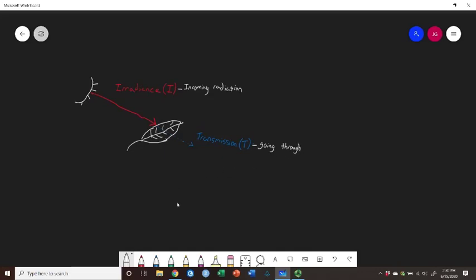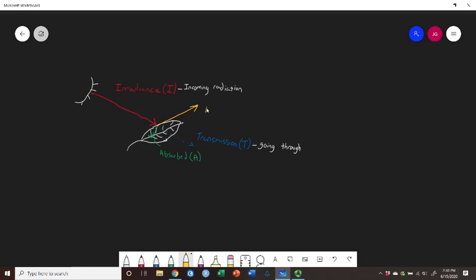This is just a really quick recap. We said that some energy could be stored in the leaf, or in the object, and this energy here is called absorbed, and we denote that with a big A. And then we said the last thing that could happen is that it could actually be bounced off, and it could go like that.